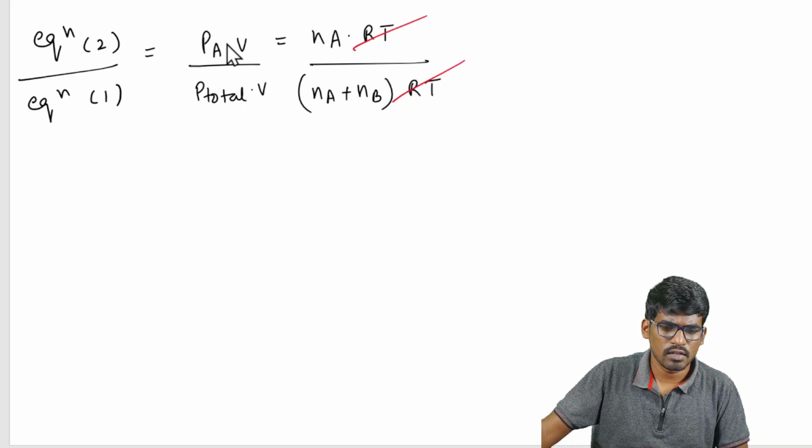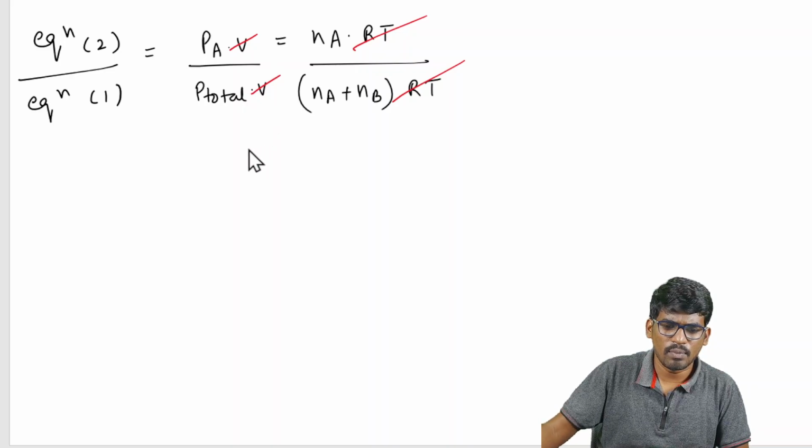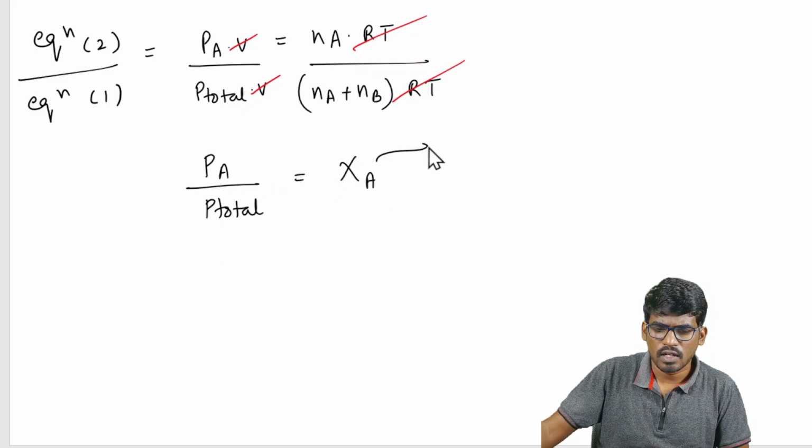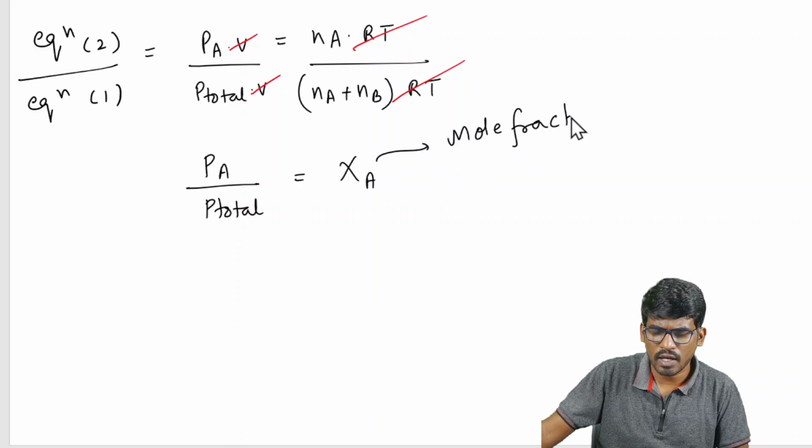RT gets cancelled, V gets cancelled. This Na upon Na plus Nb, that is Pa upon P total, is equal to chi A, where this chi A is nothing but the mole fraction of A.